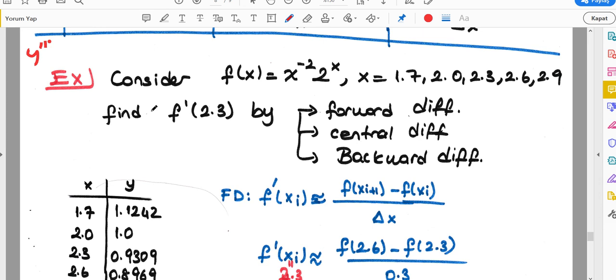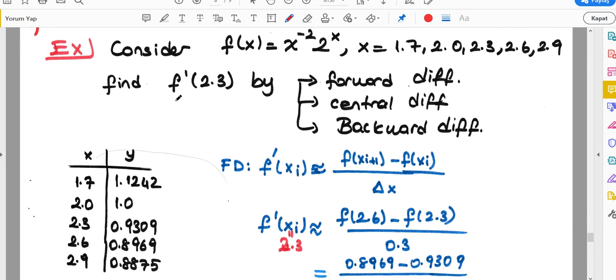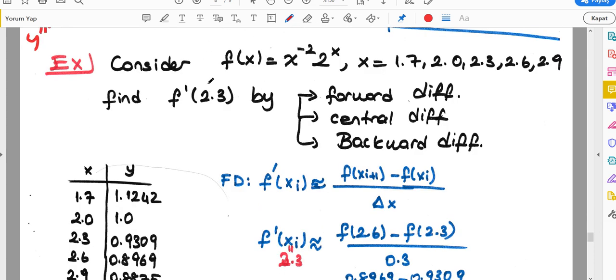But now, because of distance education, you cannot ask me directly when you meet a problem like this one. So for this reason, I want to give one more numerical exercise for you. Consider the function given to you, x to the power minus 2, 2x. Some points are chosen: 1.7, 2.0, 2.3, 2.6, 2.9.